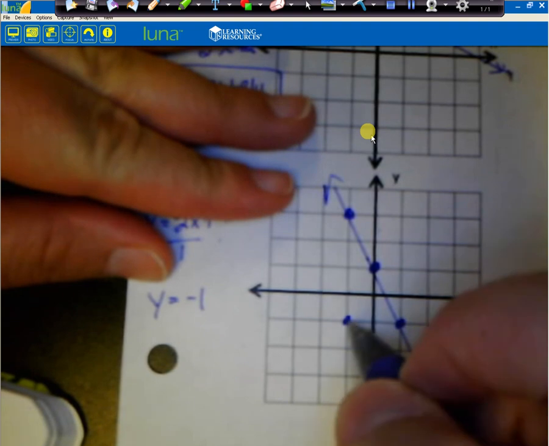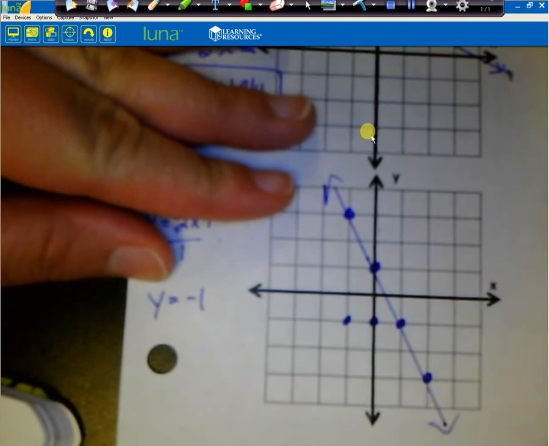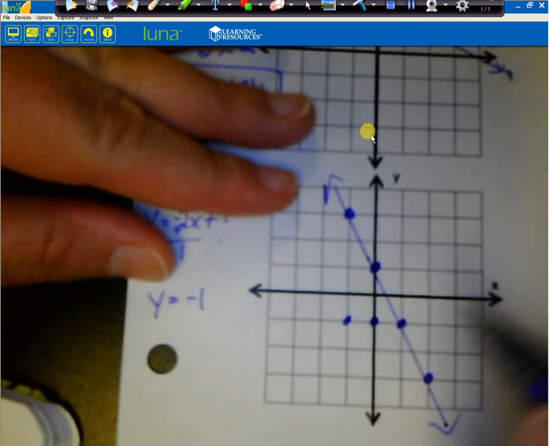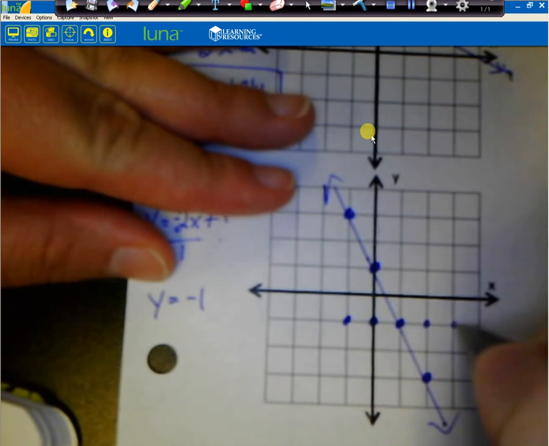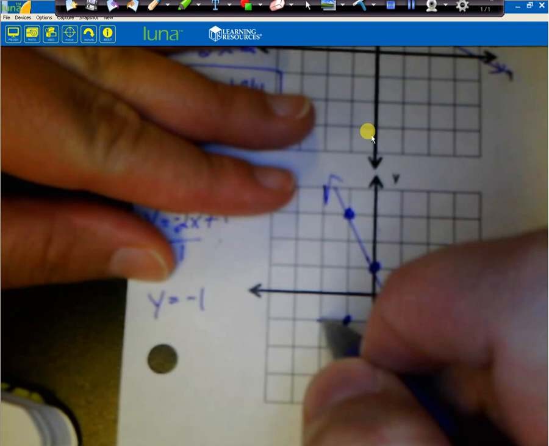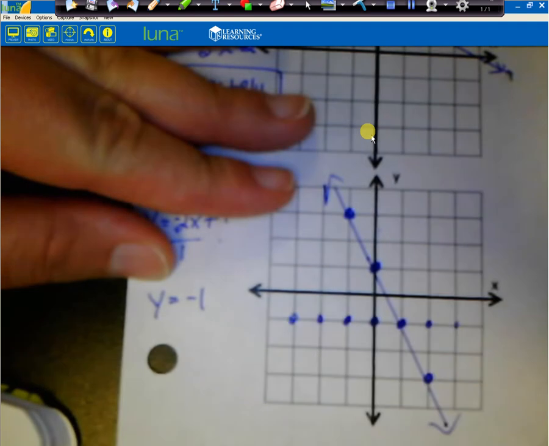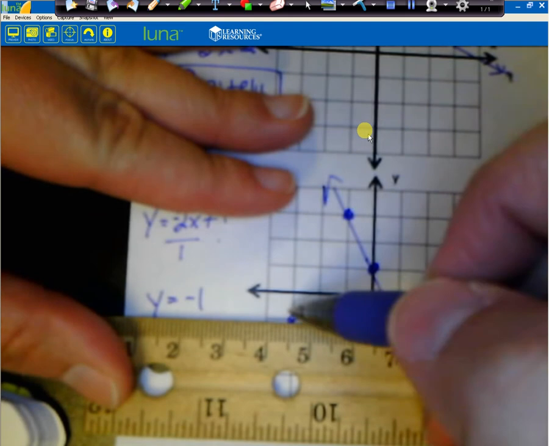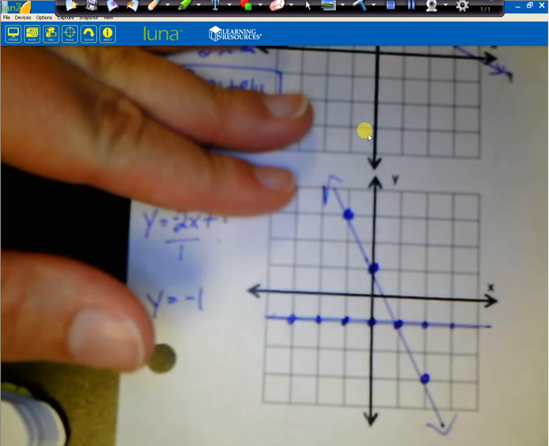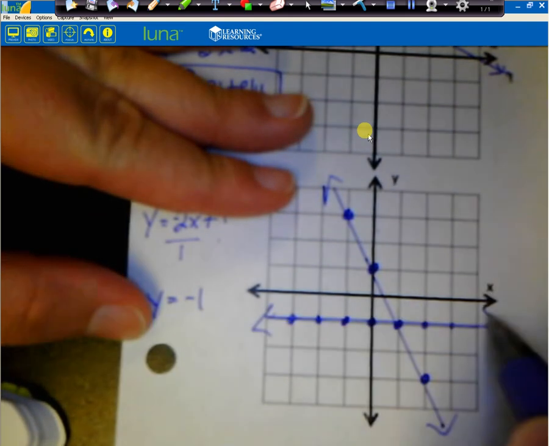Then I'm not going to go over at all, and I'm going to go down 1. I'm going to go right 1 and down 1 for 1, negative 1. And I can make a few more points if I want to there, and I can see that this is going to be a horizontal line. So then I'm going to draw my line, making sure I've got arrows at both ends.